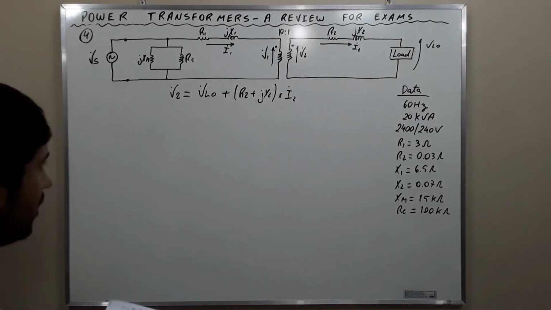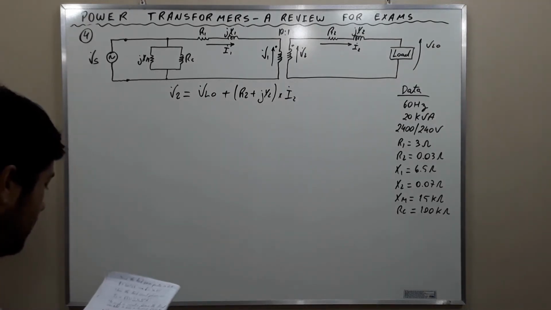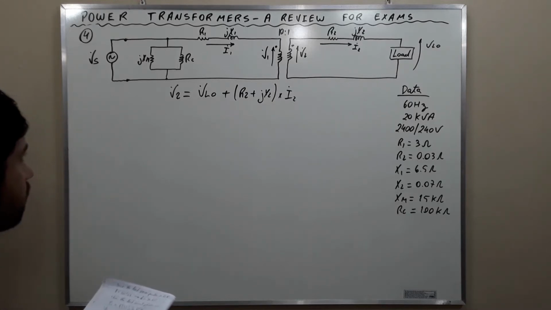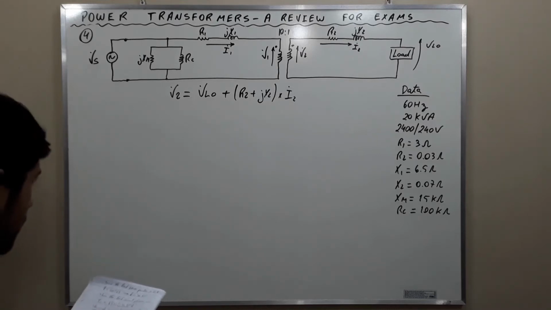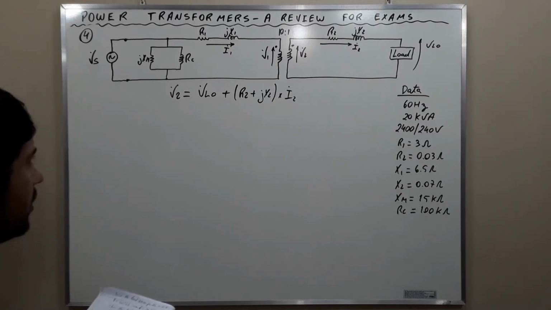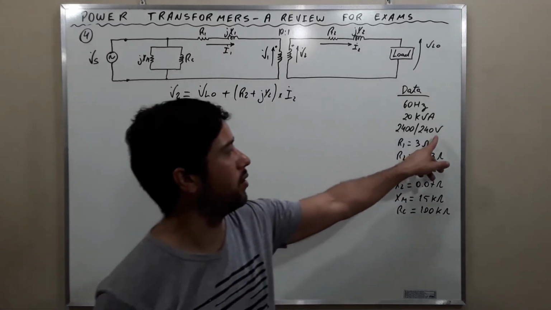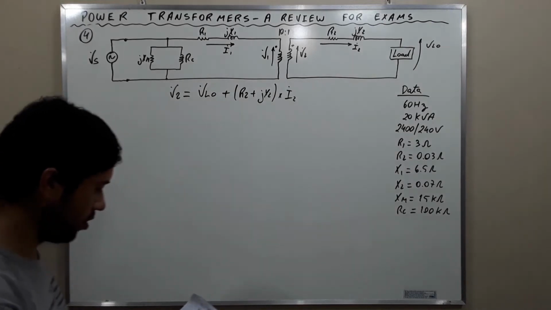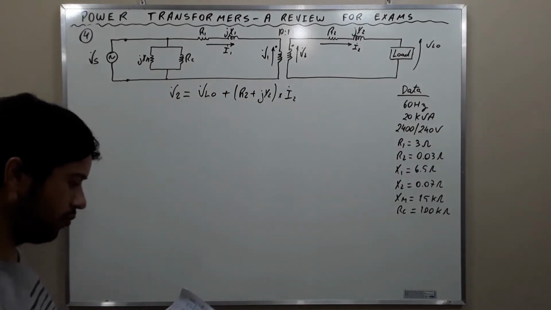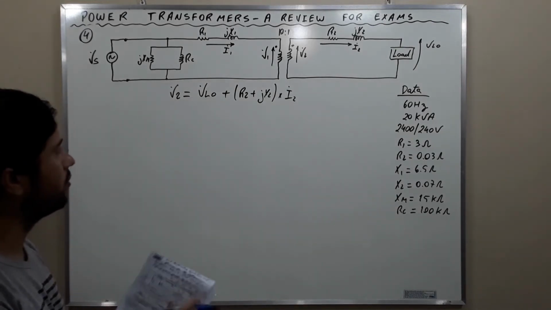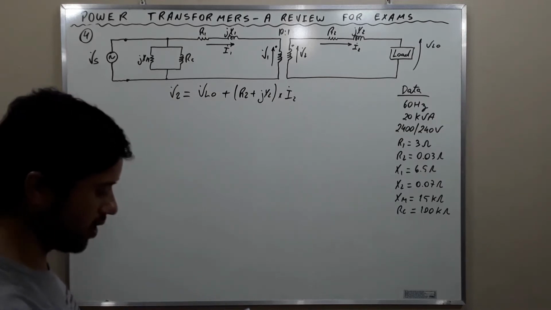And using the values that the exercise gave, okay, we can find V2. The exercise said that 240 is delivered to the load, okay? This is going to be our reference.